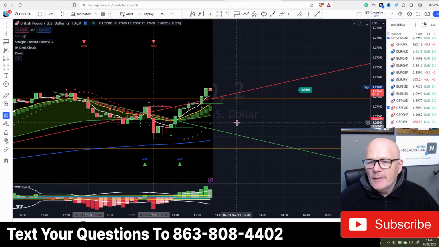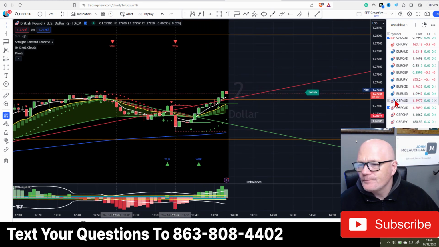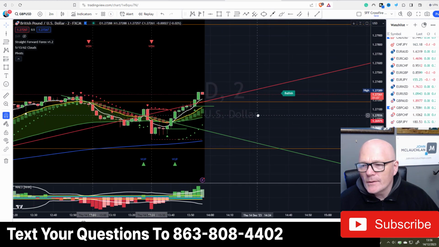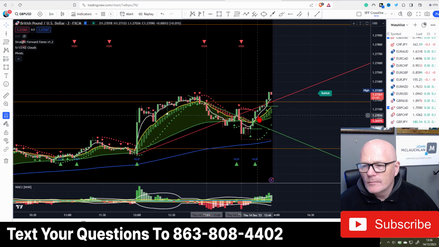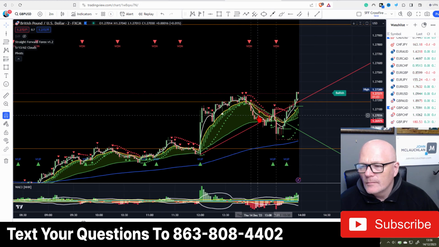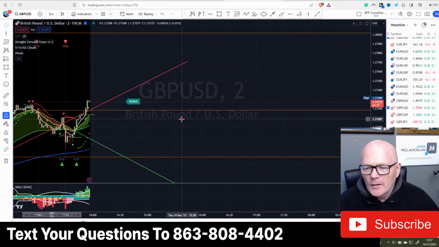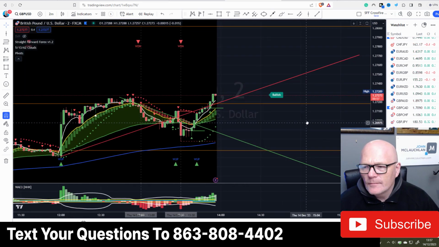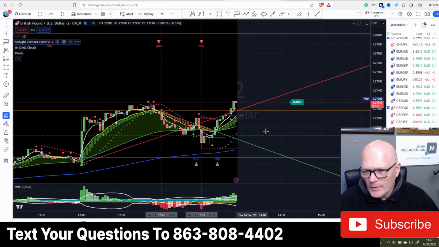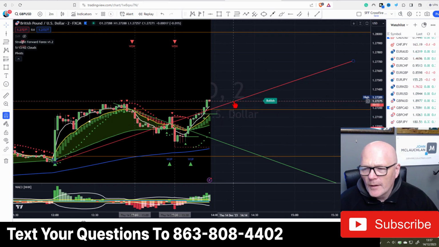GBP USD, same situation again. Well, actually no, it's a slightly more favourable position. We're above the trend line, above the red trend line, and above the pivot. So ideally, this price wants to be going up.